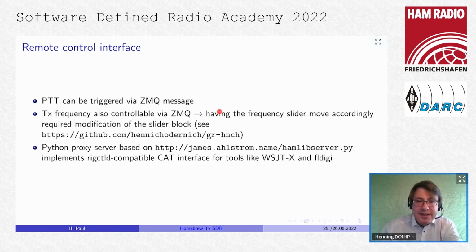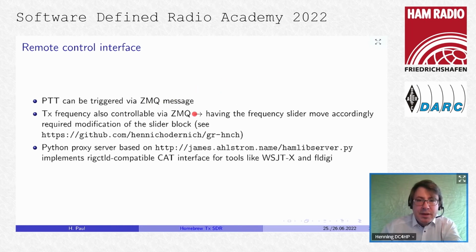And in order to translate from rig control CAT to ZeroMQ, I wrote a little proxy server in Python that takes commands on the CAT interface, on the rigctld port number, and translates them into ZMQ messages.